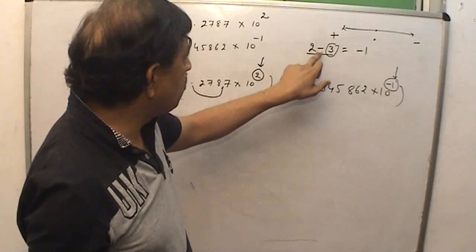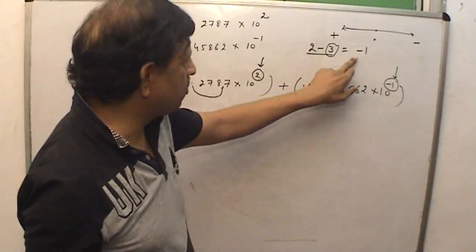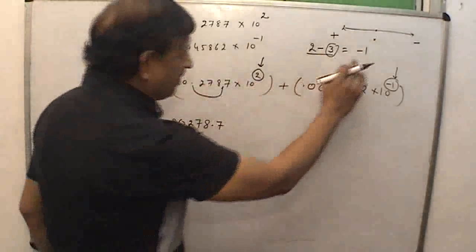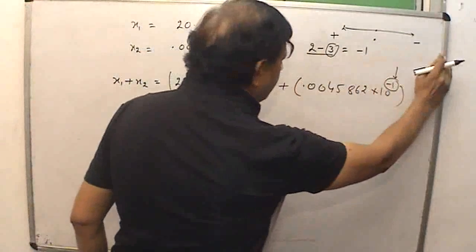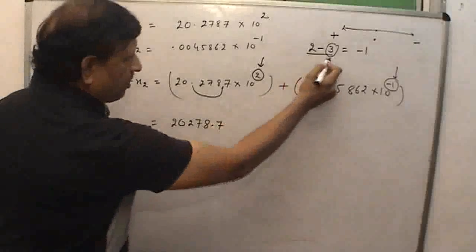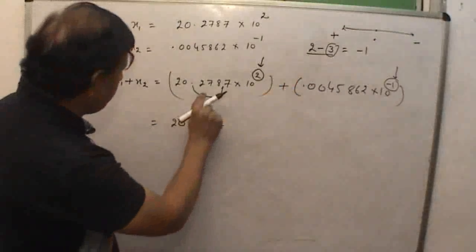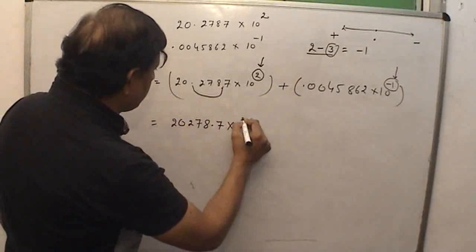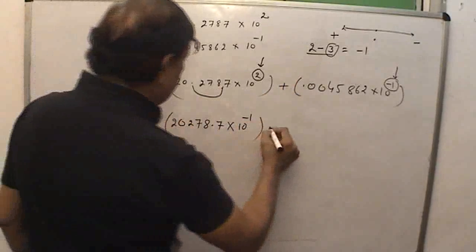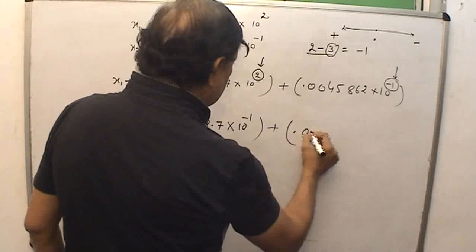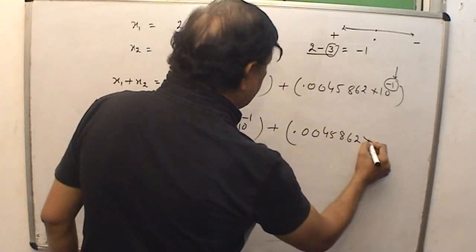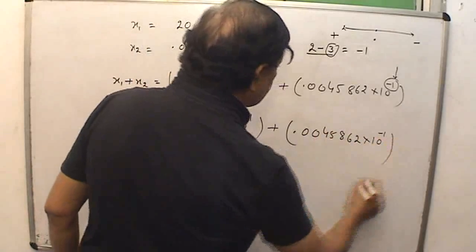If we do minus 3, 2 minus 3 is equal to minus 1. Minus 3 means displace the decimal towards the right side for the 3 places, 1, 2 and 3. That will become into 10 raised to the power minus 1 plus 0.0045862 into 10 raised to the power minus 1.